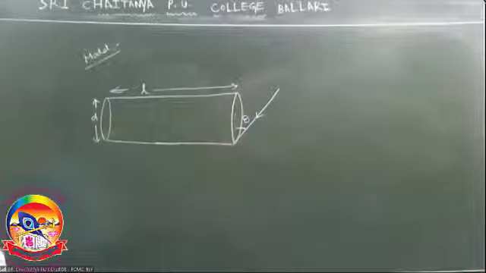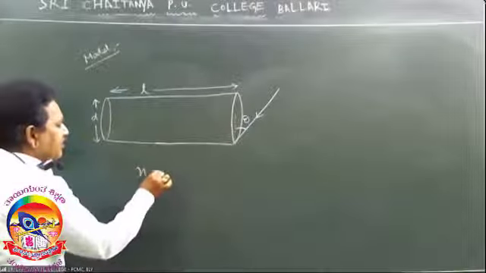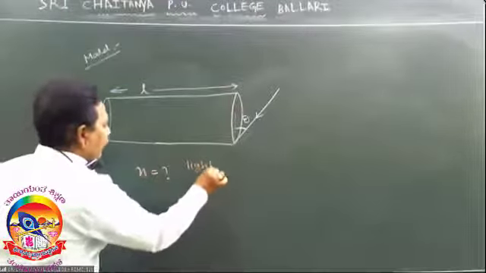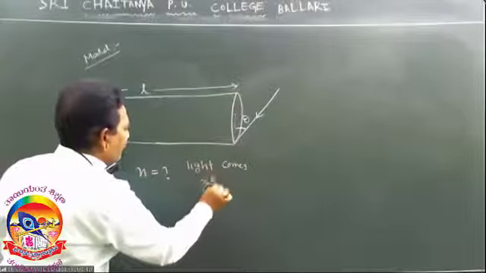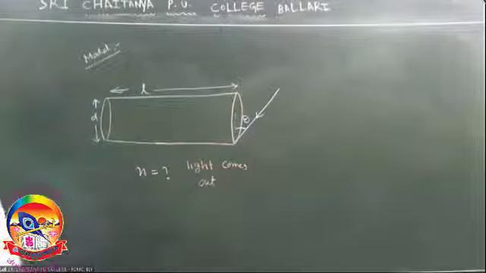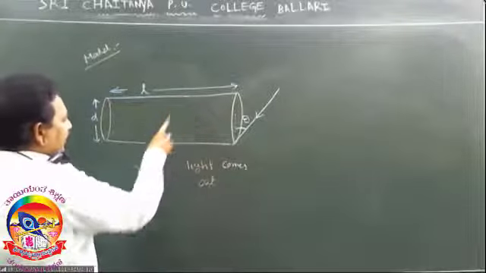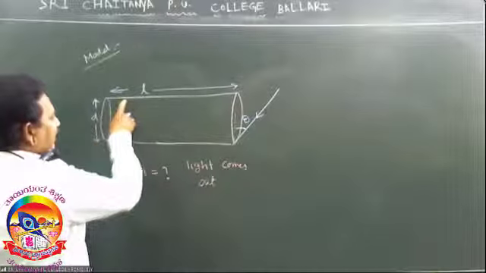We have to find after how many reflections the light ray comes out. Before the light ray comes out of the pipe, multiple reflections will take place. First it will fall here, reflected. It will fall here, reflected. It will fall here, reflected.